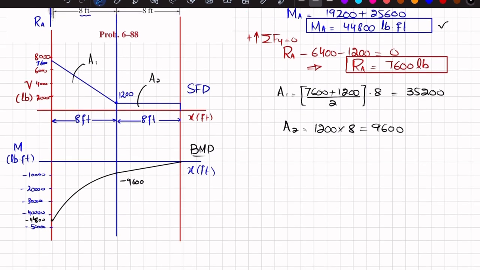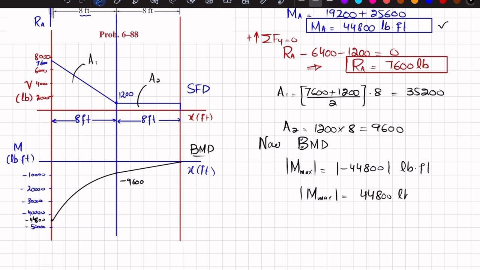Now from the BMD, bending moment diagram, we can see that the maximum absolute value of bending moment is equal to, you can see one is this one, the other one is this one, and the third one is 0. So this is the maximum value, minus 44800, and the unit will be pound-feet. So this maximum bending moment absolute value will be equal to 44800 pound-feet.